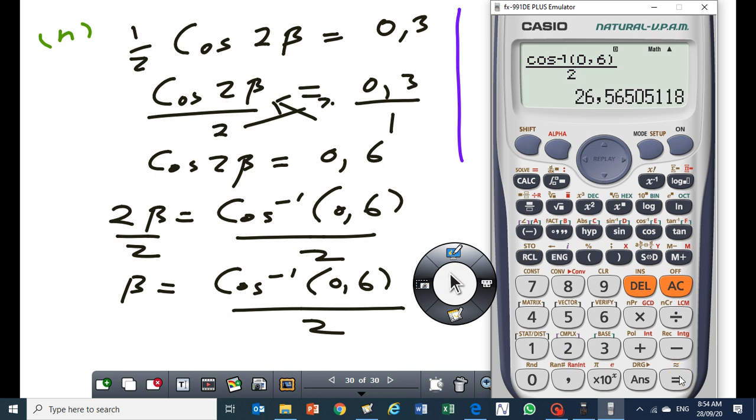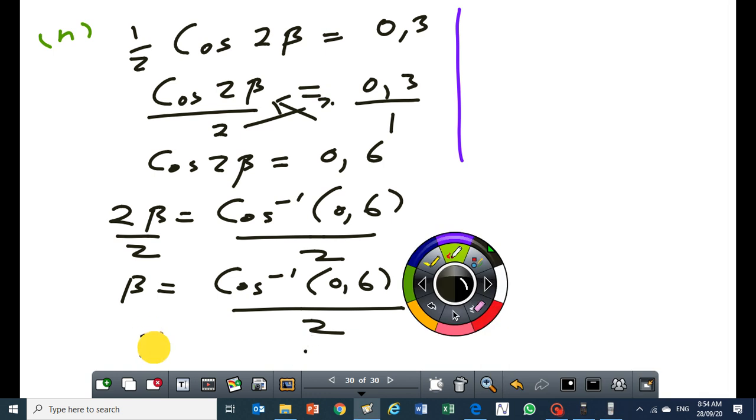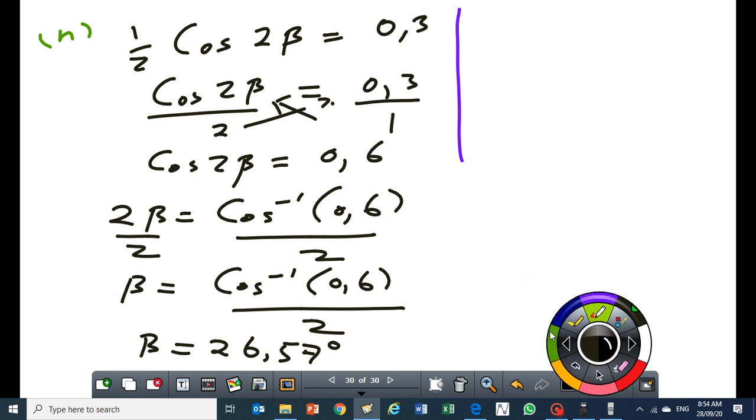It gives you 26.57 to 2 decimal places. So beta is going to be 26.57 degrees. Then, maybe I can call this one method 1.